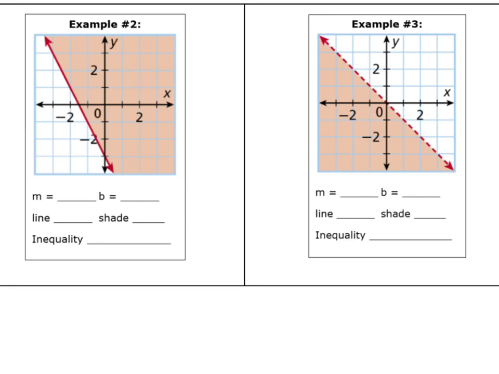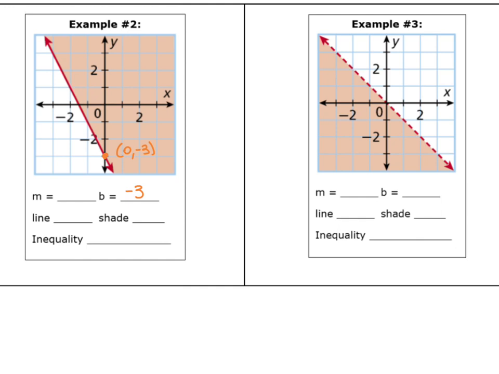So example number 2, the first thing we want to do is find the b value, find that y-intercept. I'm going to make a point at it, and I'm going to go ahead and label it here, (0, -3). And then when I write it down, I'll just put -3 as my b value. Okay, remember, these steps are things to think through. You're not always going to have these guides where you write the m value, the b value, the type of line and shading.